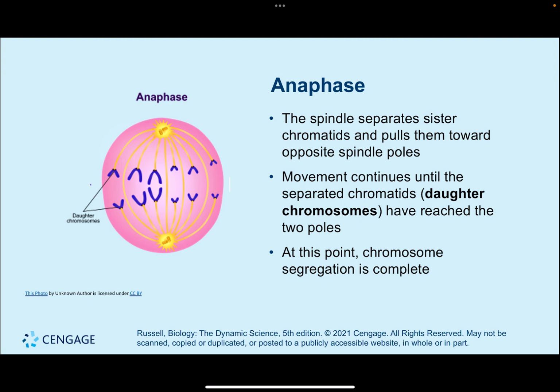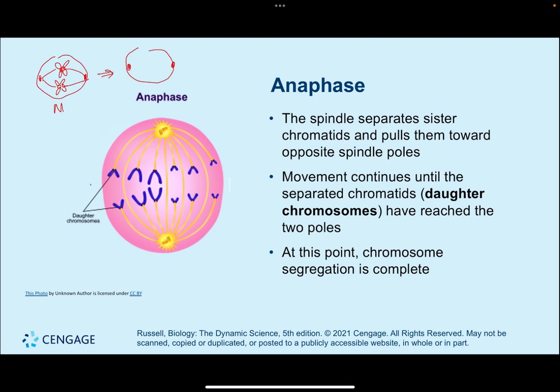So here's what will happen in anaphase. If at metaphase, this is what the cell looked like. Excuse my poor drawing. So at anaphase, this is what will happen.